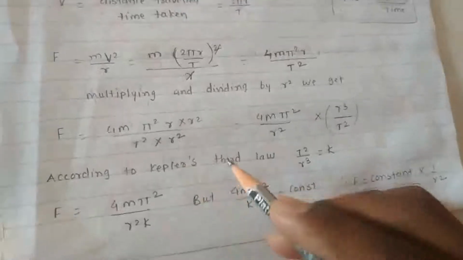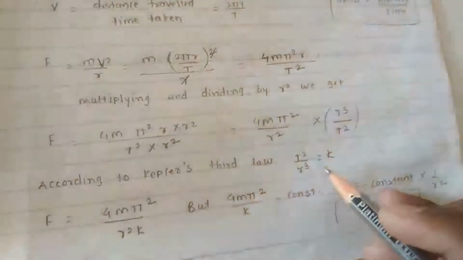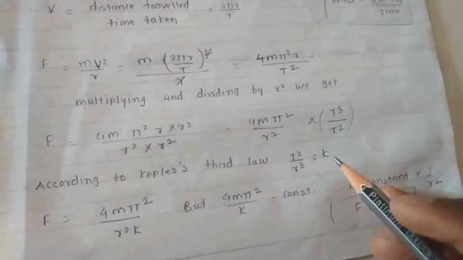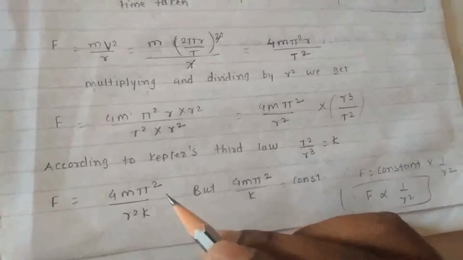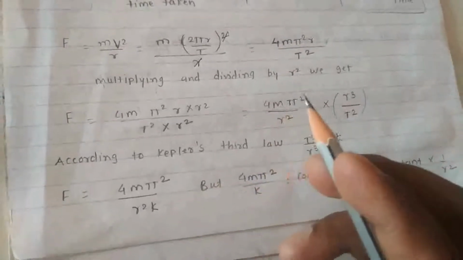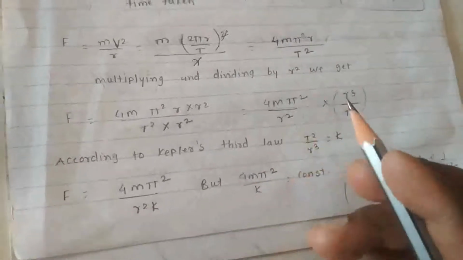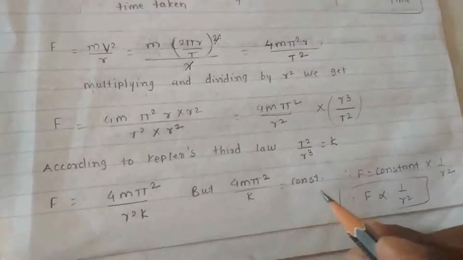In the last video we studied Kepler's third law. Kepler's third law is T square upon r cube is equal to k, and k is a constant. Therefore F is equal to 4m pi square divided by r square into k. But 4m pi square divided by k is constant.